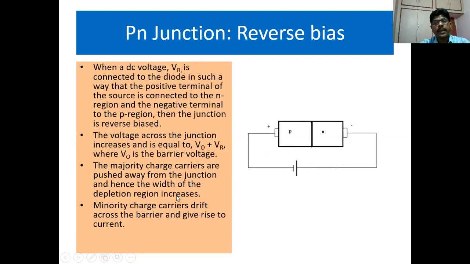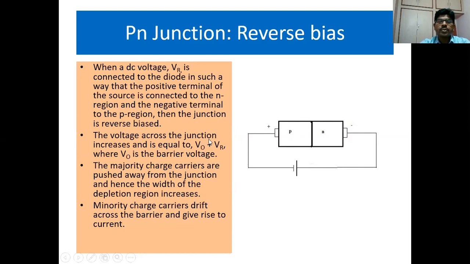And what is reverse bias? You can see it on the diagram over here. When a DC voltage, this is VR, is connected to the diode in such a way that the positive terminal of the source is connected to the N region and the negative terminal to the P region, then the junction is reverse biased.